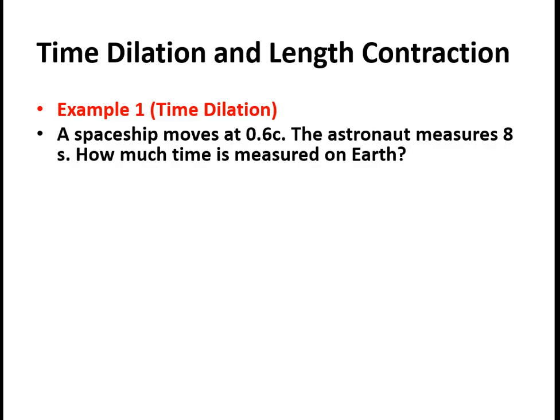The astronaut measures 8 seconds, that's the proper time, or the time of the spaceship. Now the question says, how much time is measured on the Earth? So we want to find the time the observer measured on the Earth.